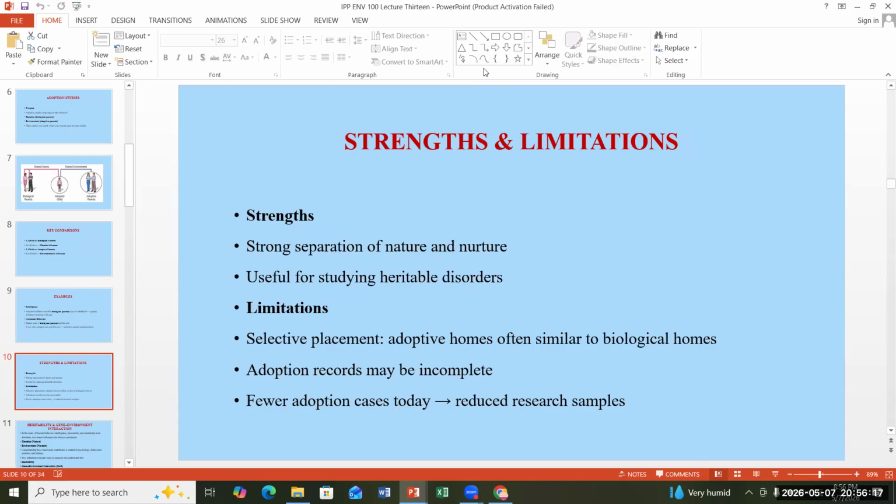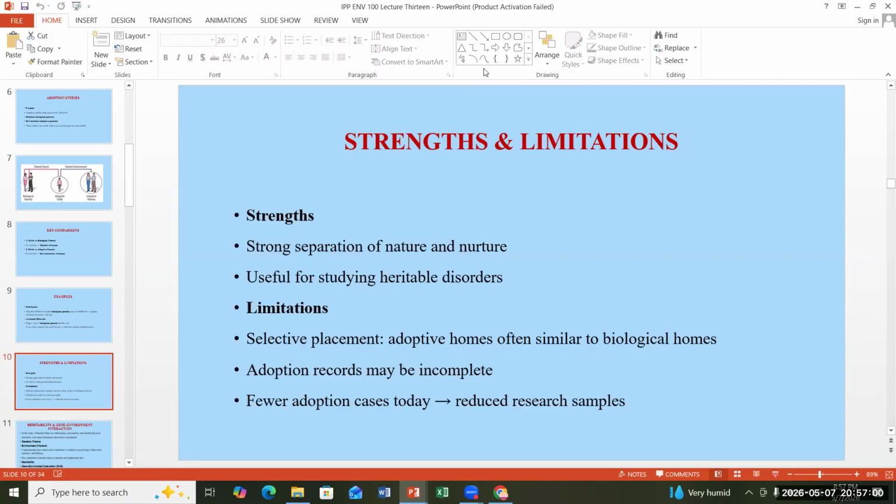No, because it is possible to have a similar setup, and even the environment is the same. For example, I have given data of a case study where a child was adopted by a maternal uncle or paternal uncle, and later on we observe that there is no difference in the behavior of the biological parents and the raised child.